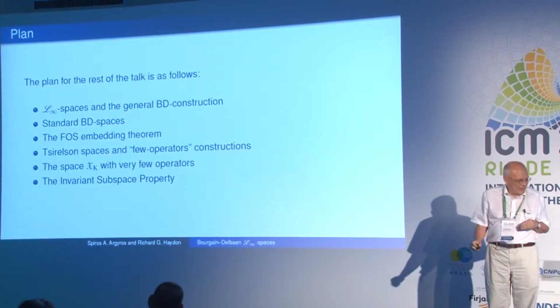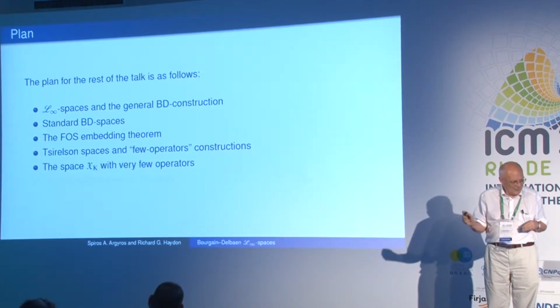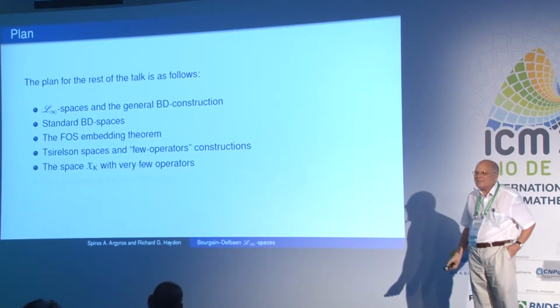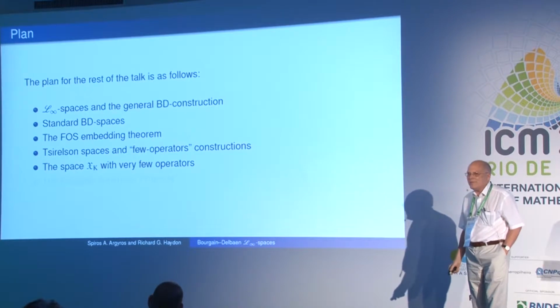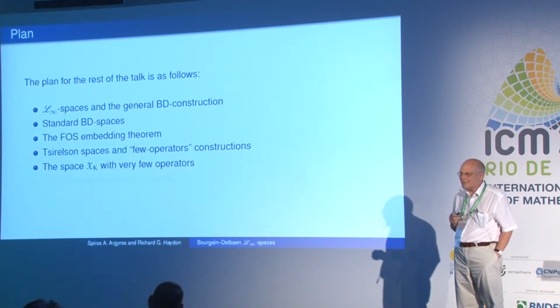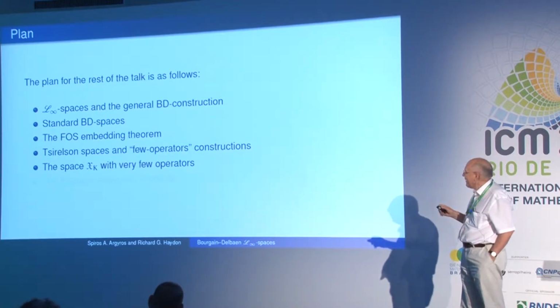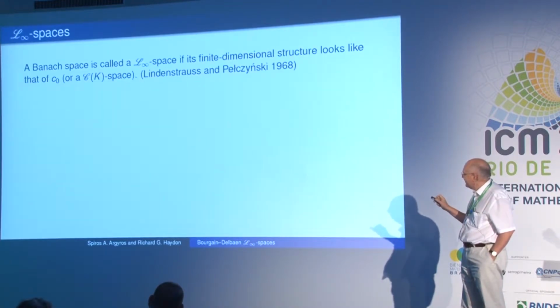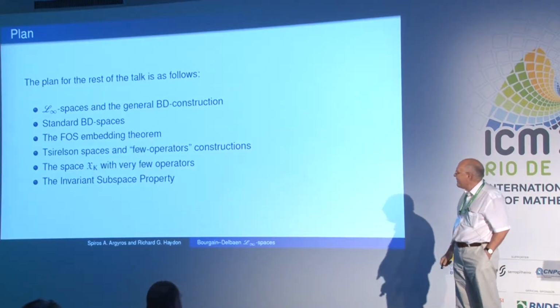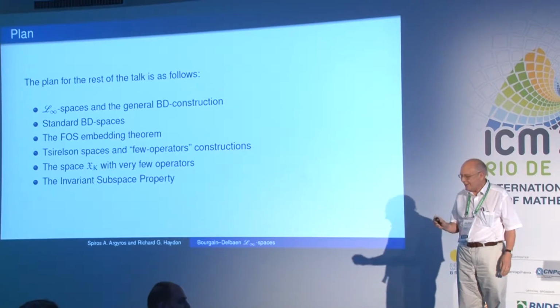So then it's going to be this space X_K with very few operators. That's another way of saying scalar-plus-compact. And then I'll hand over to Spiros to talk about the invariant subspace property in much greater generality.